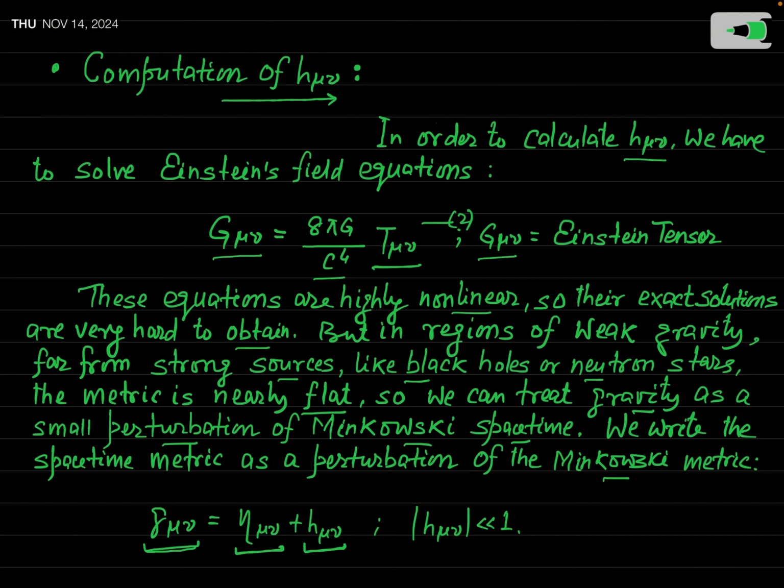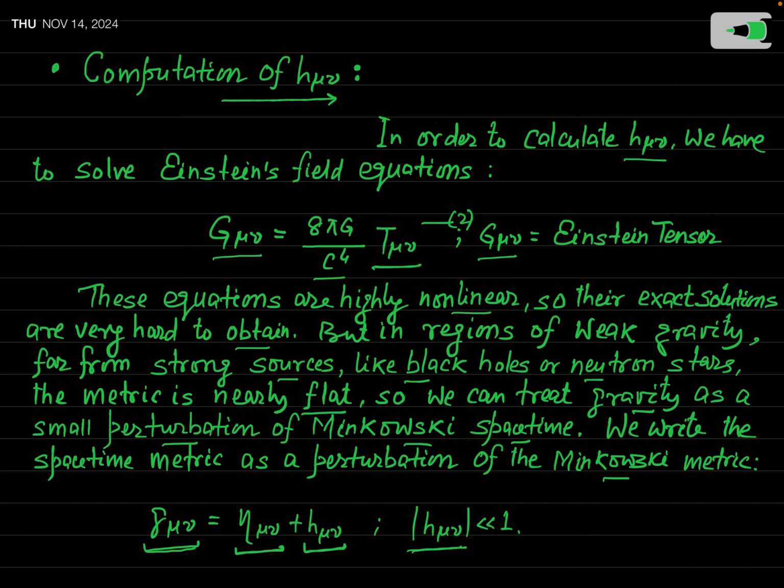But as we have taken the perturbation very small, very weak, so definitely the modulus of this h mu nu must be very less than 1. So it is a convenient but powerful way to proceed, namely to assume that the modulus of h mu nu is much smaller than 1, so that we need only keep terms linear in this h mu nu in our calculations.